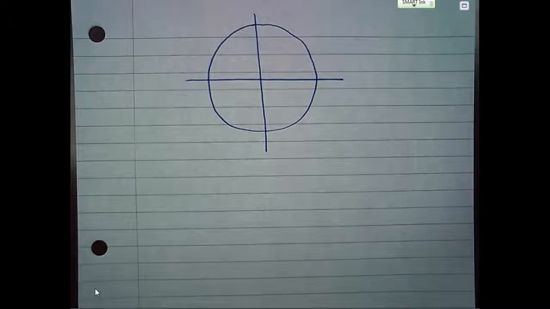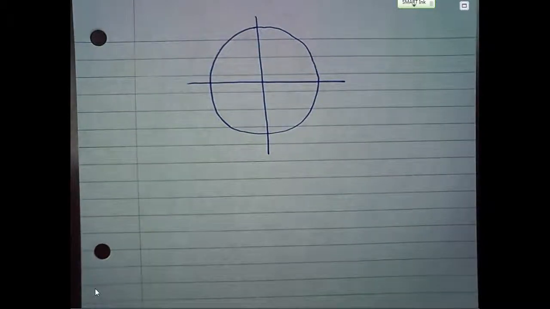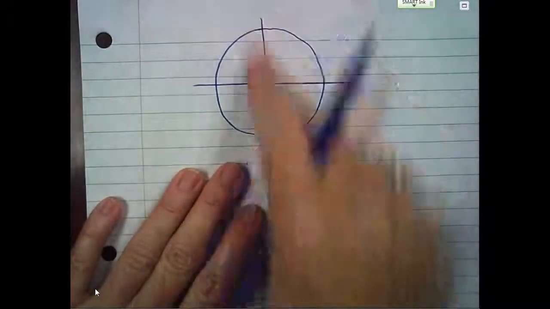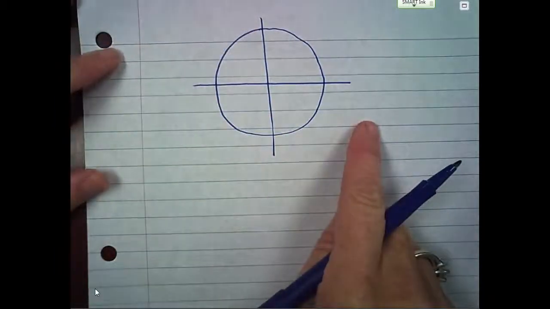The first thing we're going to graph is we're going to talk about the hotspots. In other words, which stops do we decide to make when we want to graph this on a line? Okay, it's a circle right now, correct? So we're taking a circle and we're going to graph it in terms of x and y, right? Because if you think about this for a minute, this is on the coordinate grid, correct?